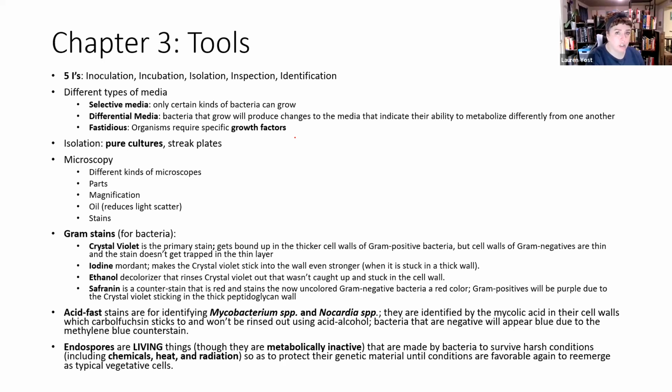So inoculation, that literally just means that we're going to take some sterile media, which you should know what media is. Media is the stuff that we're going to be using to grow up our bacteria, right? So typically, a lot of stuff that we use in our lab to begin with is going to be just nutrient agar or nutrient broth that can grow most things, okay? It's just a general growth medium.